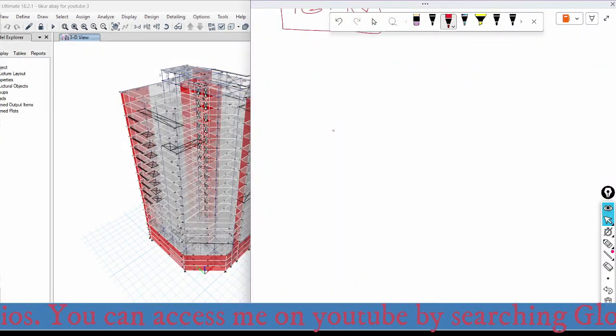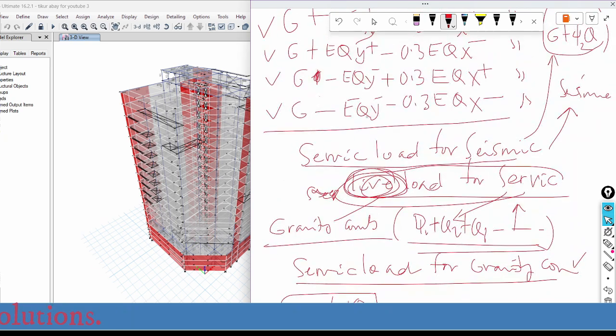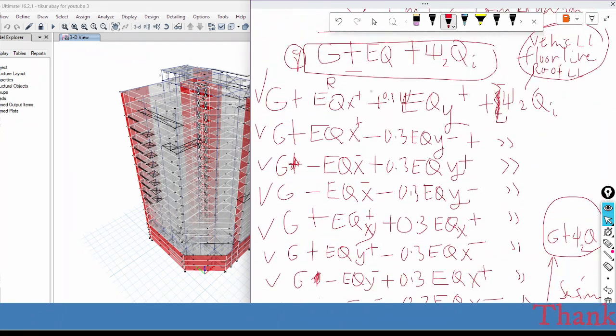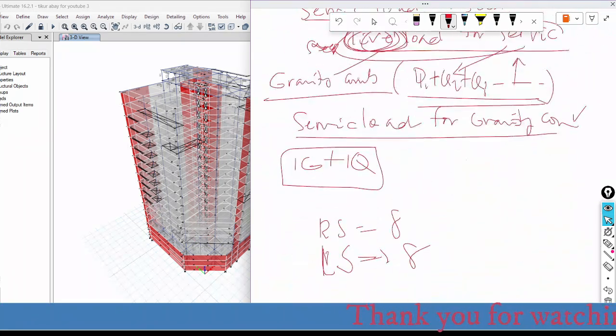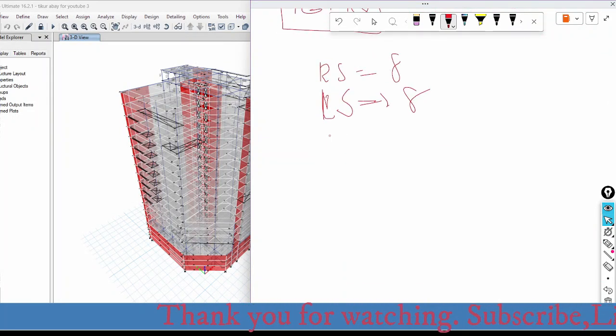So for a response spectrum, we'll have 8 combinations, as for linear static load cases. And here we have the normal gravity combination. So that is 2 combinations, normal gravity combination. We'll have 2 combinations totally. How many combinations are there?